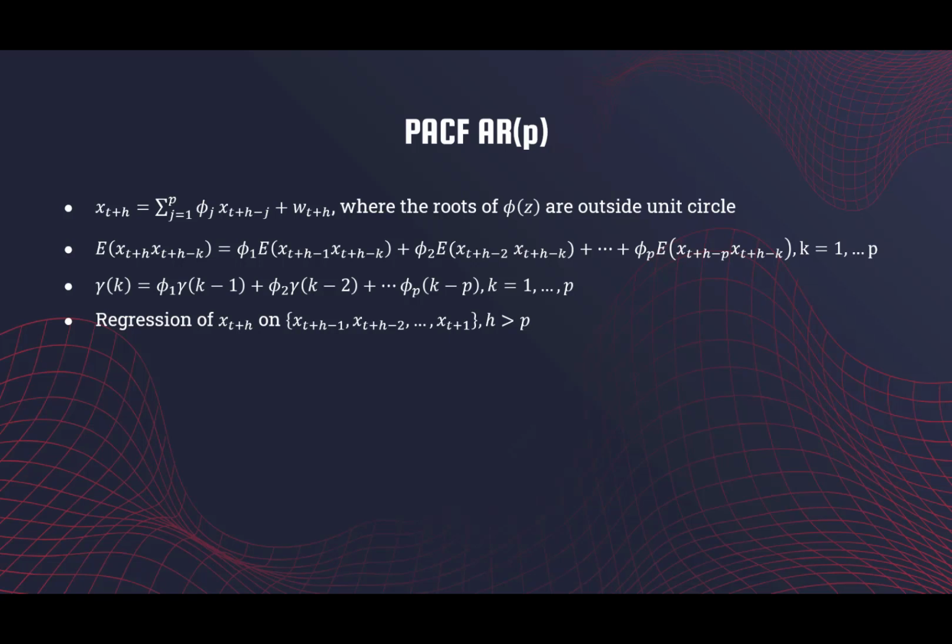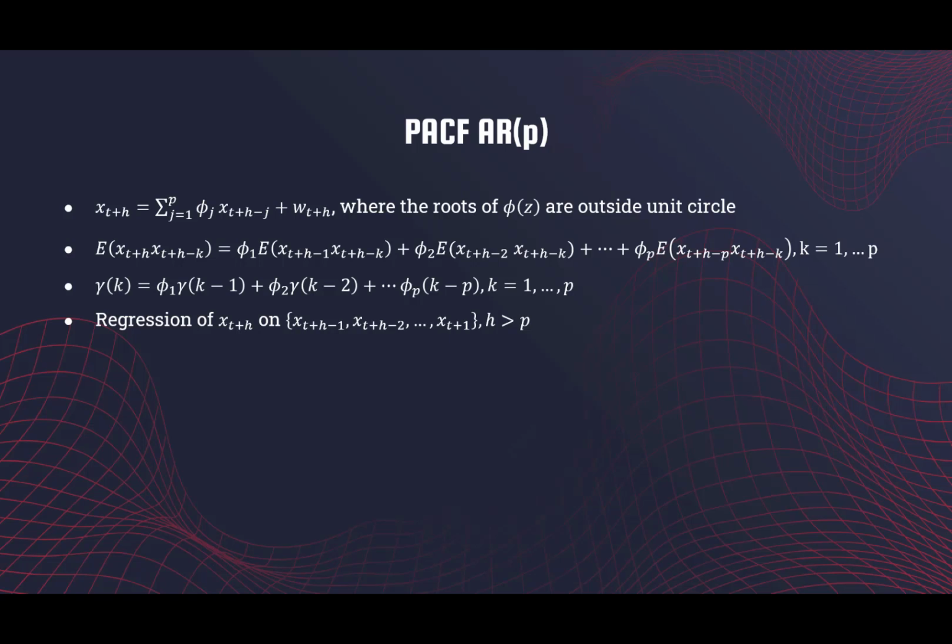Okay, so in order to look at the PACF of an AR(p) process, we need to look at the predicted value of x_{t+h}, and specifically we are going to look at the regression of x_{t+h} on all of these points for h greater than p.